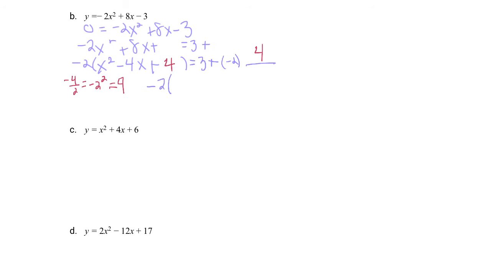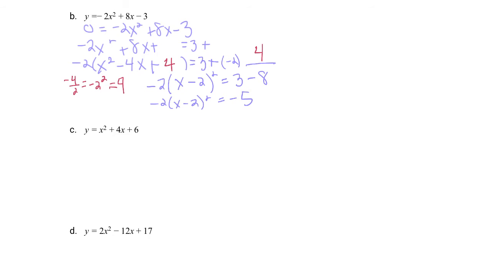The square root of x squared is x. The first sign is minus. The square root of 4 is 2, and that's factored on the left. On the right, we've got 3 minus 8. 4 times negative 2 is 8. So we've got negative 2 times (x minus 2) squared is negative 5.